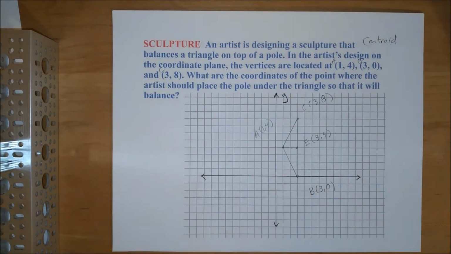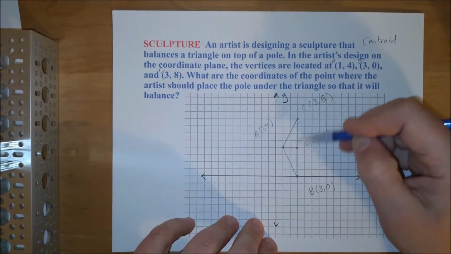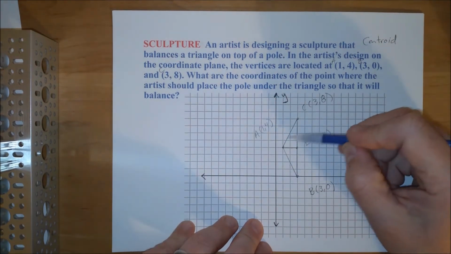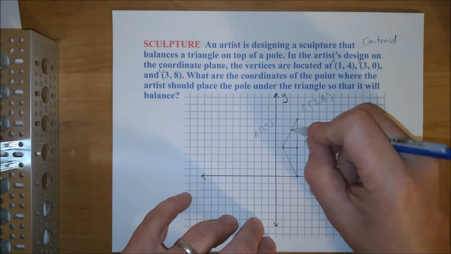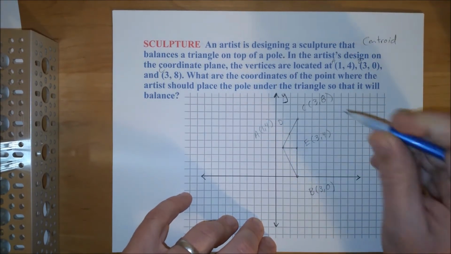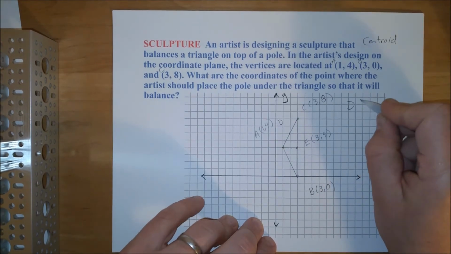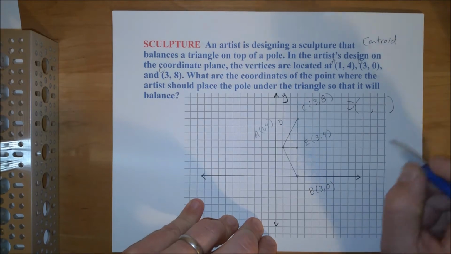Well, we only have to draw one of the other two medians because we know all three of them are going to converge at this point of concurrency. So why don't we draw the median from B to AC? Let's find the midpoint of AC. On more complicated ones, let's call it point D. You can calculate D using your midpoint formula. Remember, (x1 plus x2) over 2, comma, (y1 plus y2) over 2.